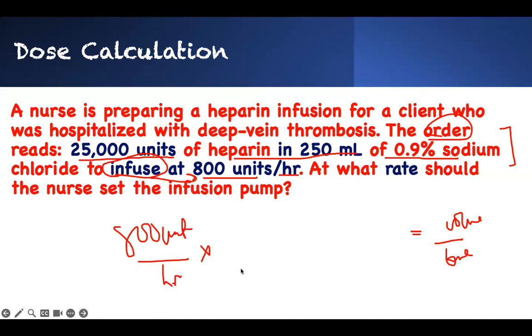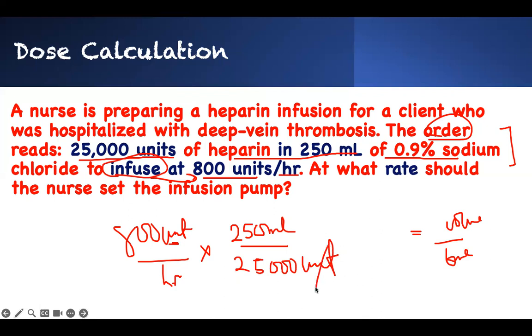Therefore, to have a volume over time, I need to have a volume. So the volume is going to be 250 because there's a unit here, the unit has to go down. So 250 ml goes here, and then the unit, which is 25,000 units, goes down like that. The 0.9 normal saline, you don't use it.